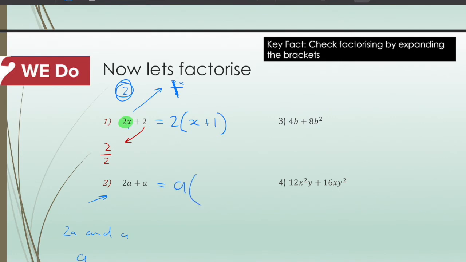So we write that down, we start some brackets. Now we do our first term, 2a, divided by a. The a's cancel out, and we're just left with a 2. And then we do our second term, a divided by a. Well, that's just 1.